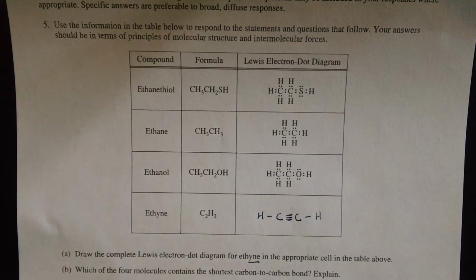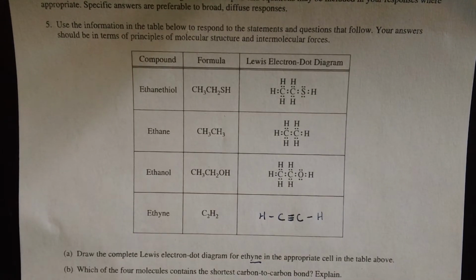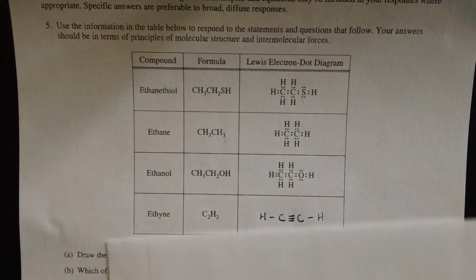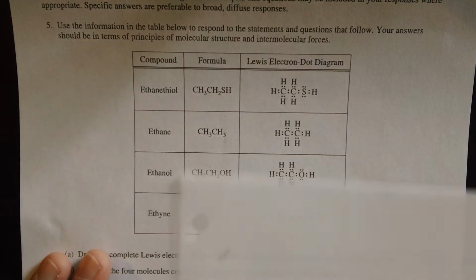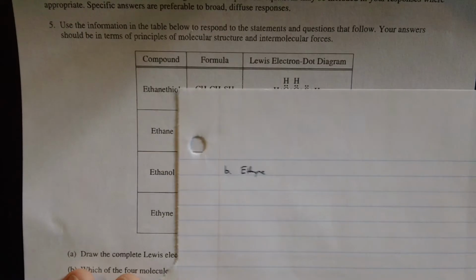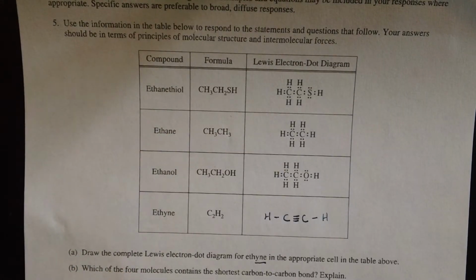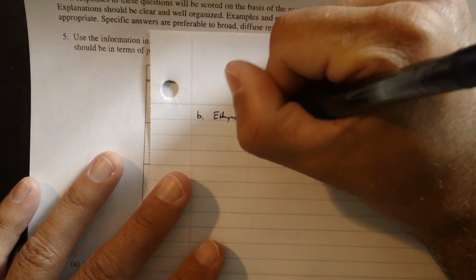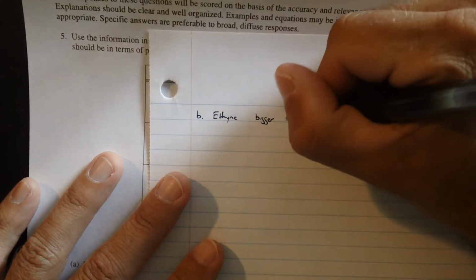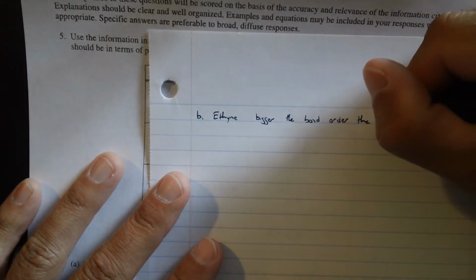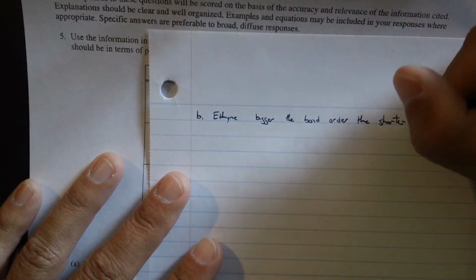Then it says in part B, which of the 4 molecules contains the shortest carbon-to-carbon bond, and explain. And the answer is the one we just drew. So on B here, ethine here is going to have the shortest carbon-to-carbon bond, and my explanation is the bigger the bond order, the shorter the bond length.